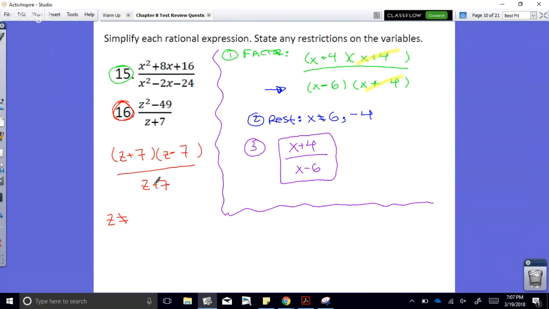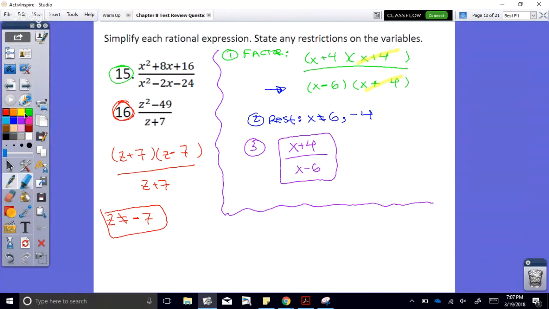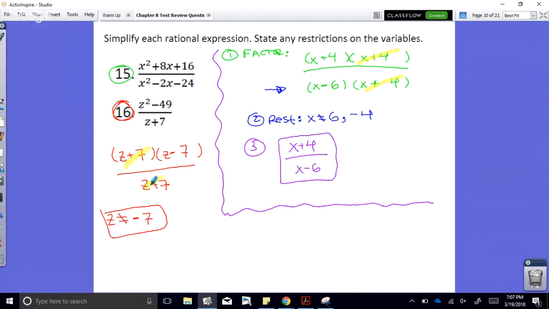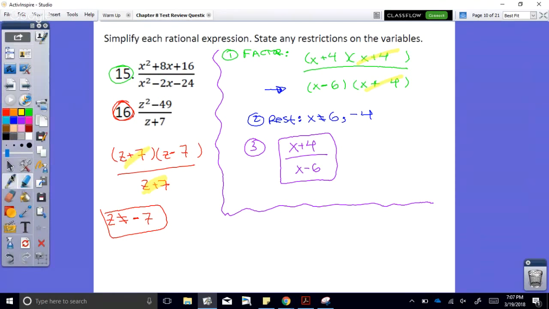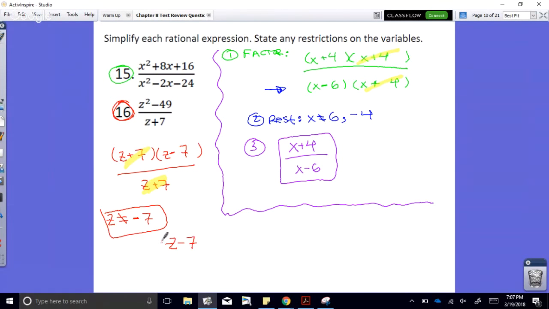So the only thing in the denominator is the plus 7, so z cannot be negative 7. And then the last phase is to see what cancels. So this time the z plus 7s will cancel. And what's left is the z minus 7. So my answer is z minus 7, where z cannot equal negative 7.